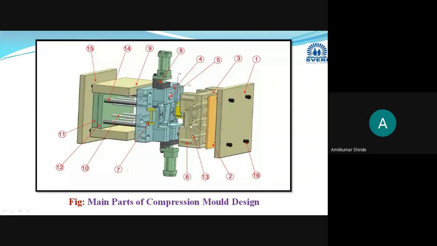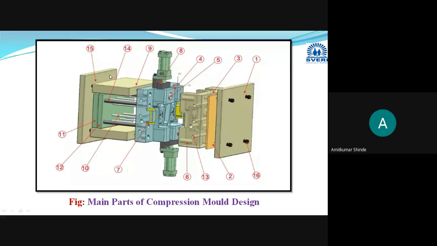This is the arrangement provided here. Through these holes we are going to provide the heat, with the help of different heating arrangements, like an electrical cartridge, to provide the required heat to the mold cavity.